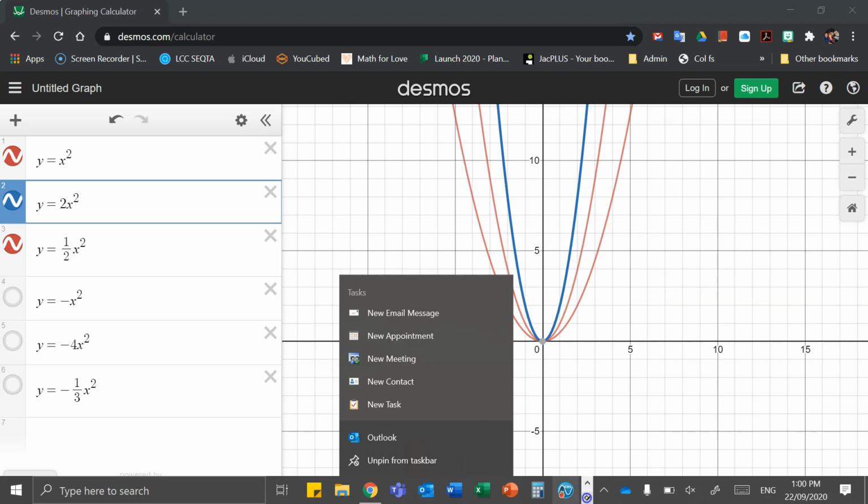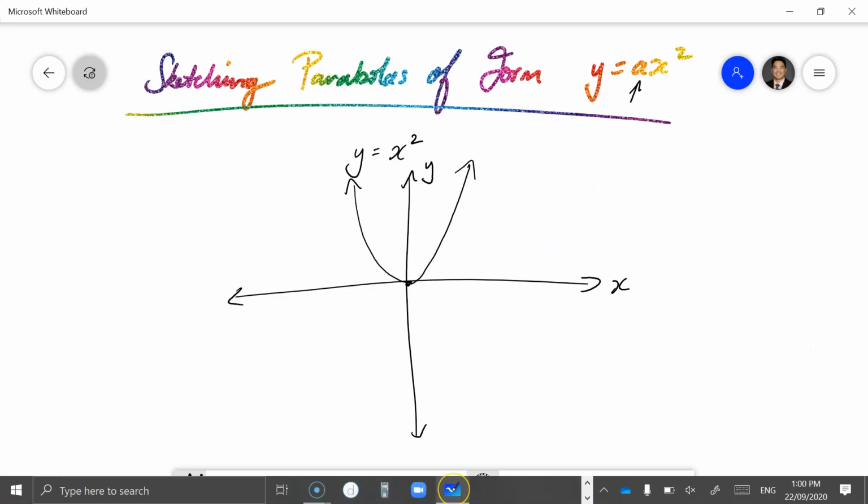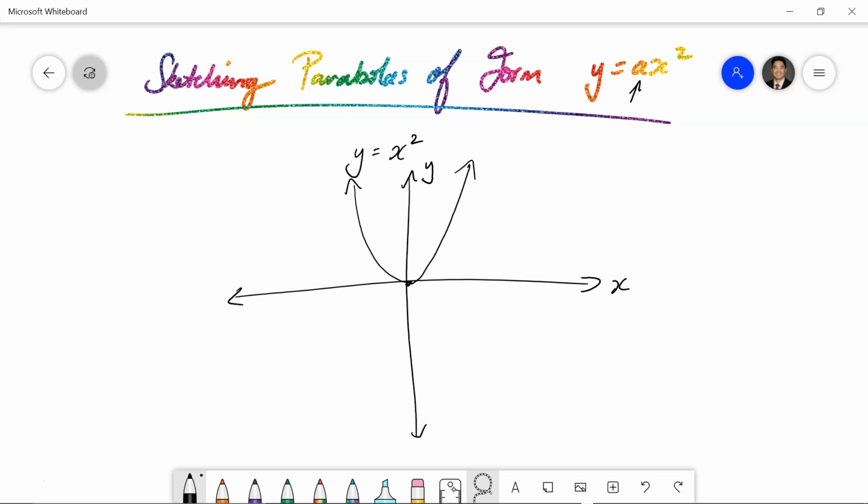So let's just go back here. If a is greater than 1, we have, I'll just put in words, skinnier parabola.